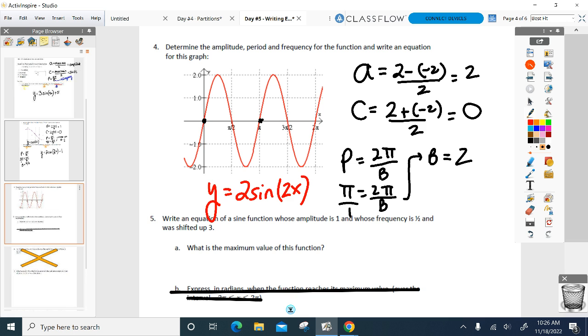Go ahead. Write the equation. I gave you everything you need. You don't have to find squat. You know A, B, and C already.